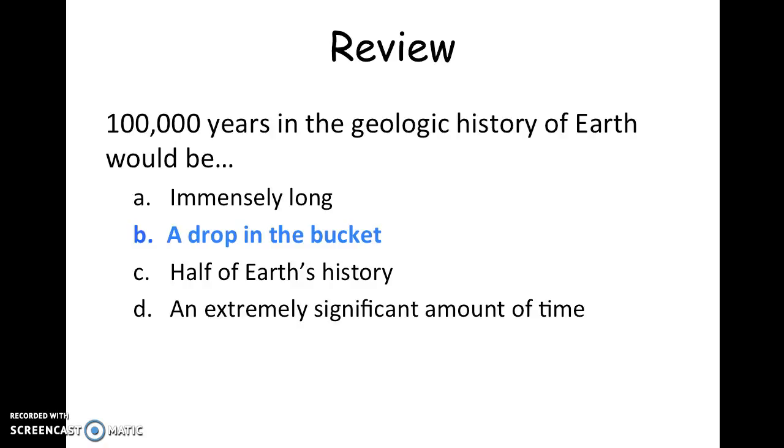When we're talking about geologic time and evolution and changes in Earth's history, it's important to realize that the time scale we're referring to is of millions and billions of years.